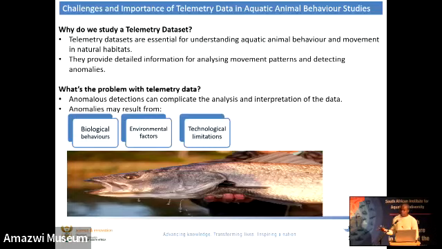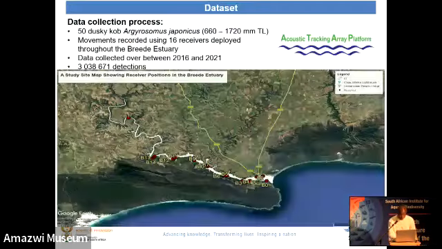This issue becomes even greater if you are trying to study a small habitat where a lot of animals are tagged. The problem with tagging a lot of animals in a small restricted space like an estuary is the creation of false detections and anomalies. And those anomalies can be in the form of environmental factors or technological limitations.